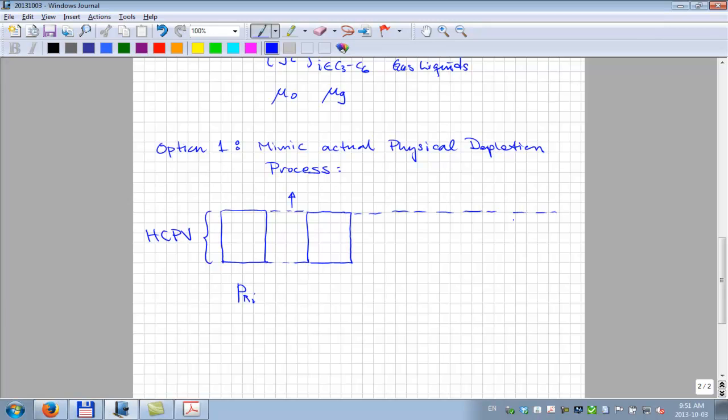Now, that's not exactly true because as you deplete these reservoirs, the rock volume will what? What will happen to the pore volume? The pore volume will get smaller. And what will happen to the water that is here? This is our connate water.